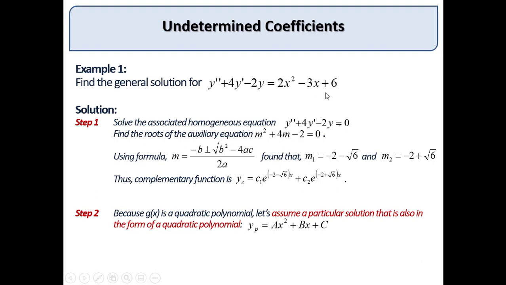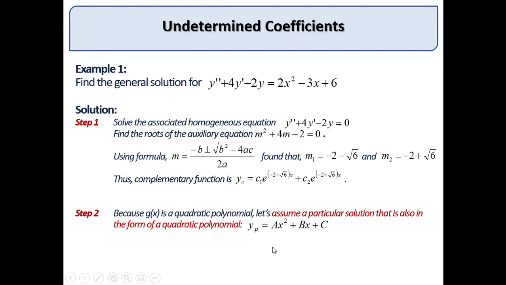Because it is a polynomial function, we make an assumption that our particular solution will be in the form of a polynomial function as well. So we just assume for now that our yp is equal to ax squared plus bx plus c, because we want to match the non-homogeneous part of the equation. We have g(x) equal to 2x squared minus 3x plus 6.